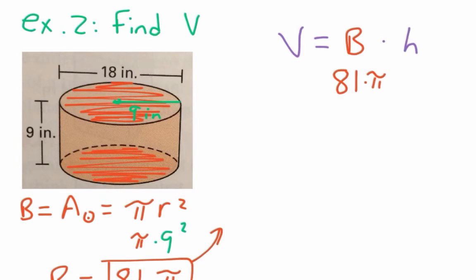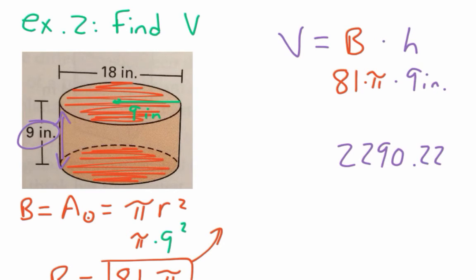But now we're going to multiply by the height, and the height now is going to be kind of that distance here between my 2 bases, so it's 9 inches. 9 inches. So now if I were to leave it as that 81 pi, I just do 81 times pi times 9, and I come up with 2,290.22.